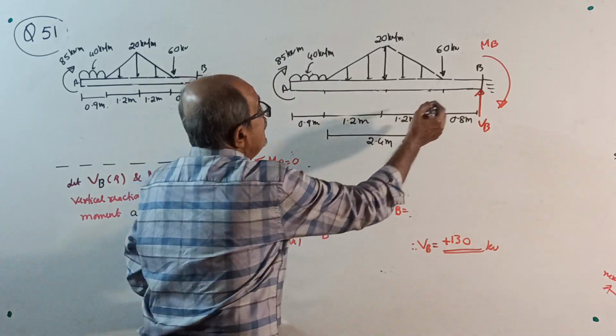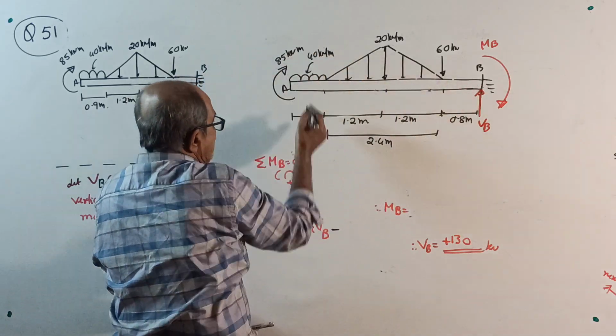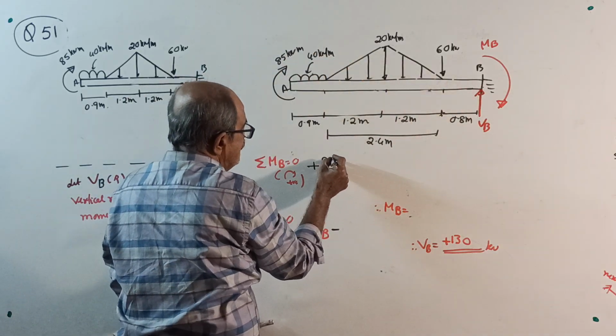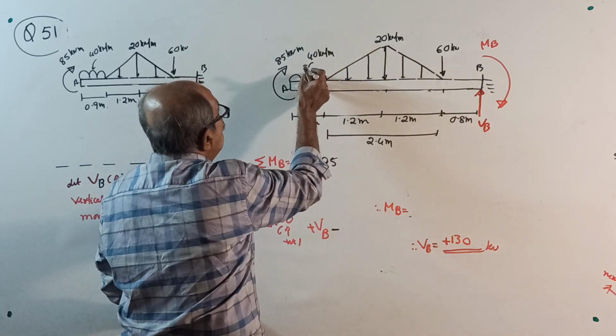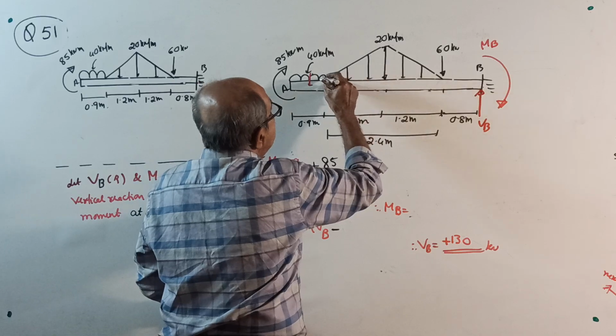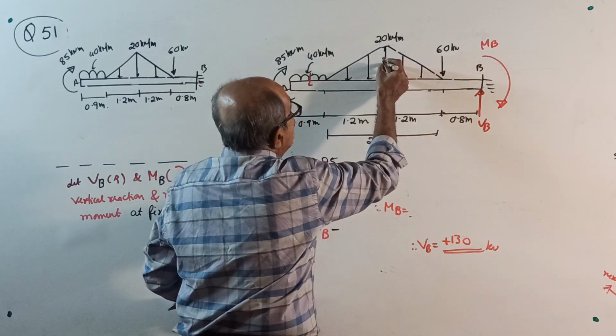In case it is wrong, a negative sign will come. Take moment about B. Plus 85, no distance, minus. The total load of the UDL will act here, because symmetry is there.